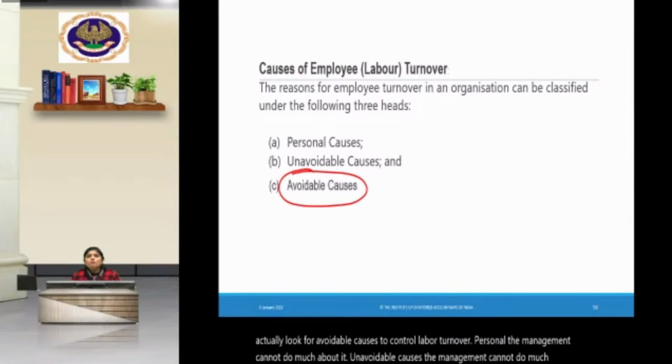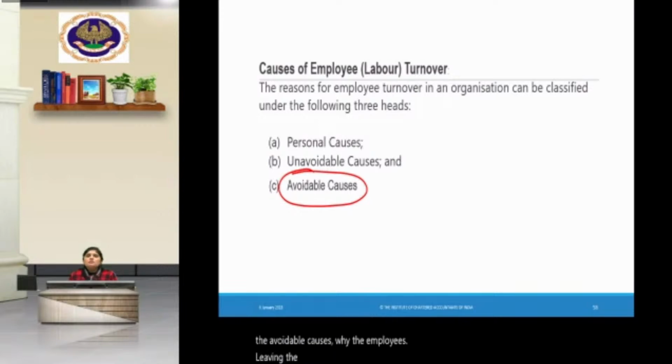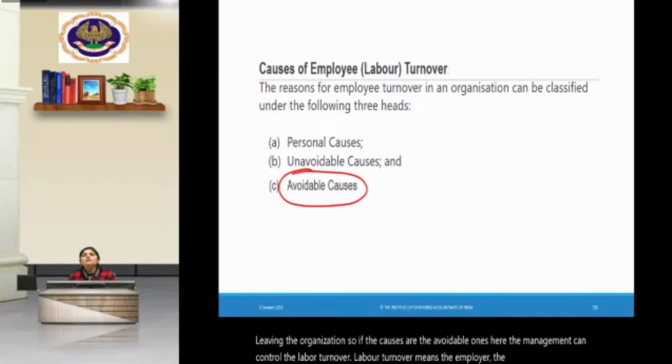But for the avoidable causes, why the employees are leaving, the management can control labor turnover. If they really look into it, they can minimize labor turnover to a great extent.